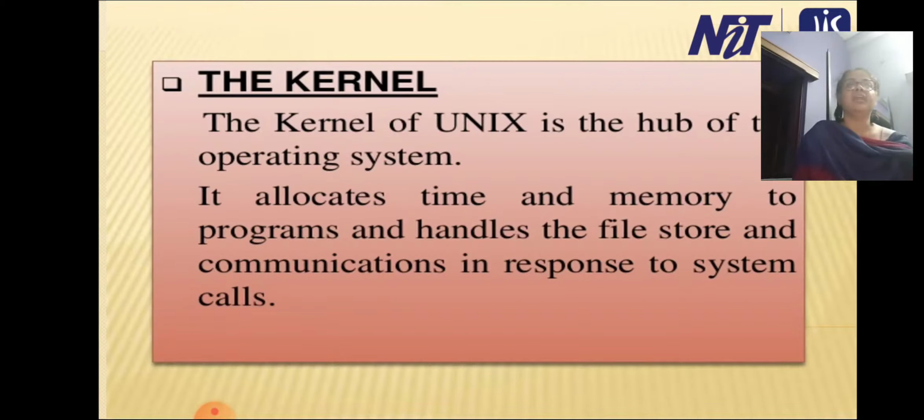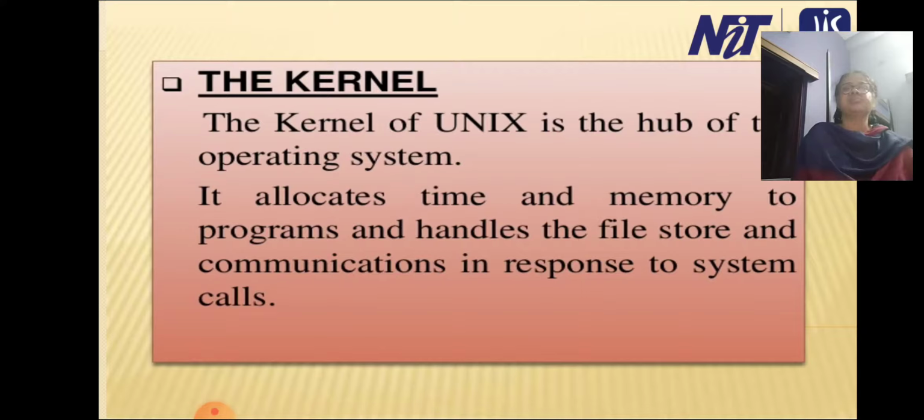The kernel. Now we will learn about the internal part of the Unix operating system, which is known as the kernel. The kernel interacts with hardware. The Linux kernel is the main component of the Linux or Unix operating system and is the core interface between a computer's hardware and its processes.